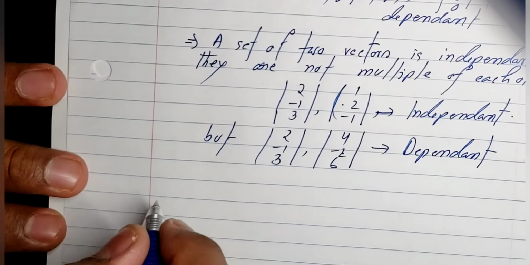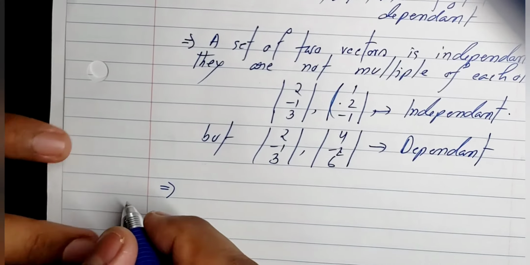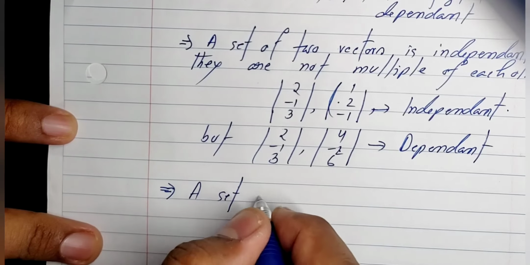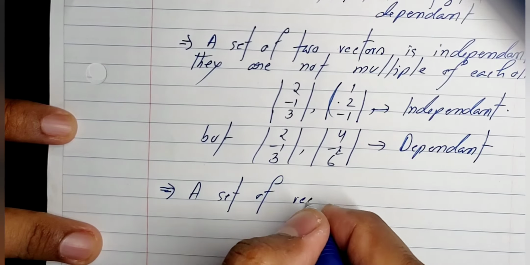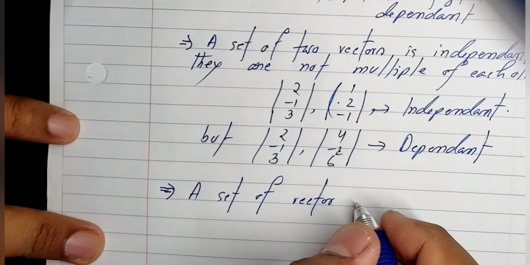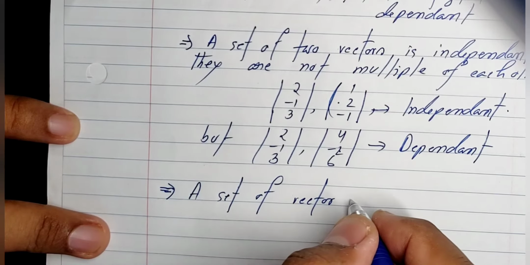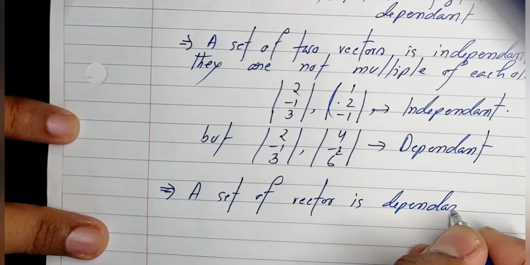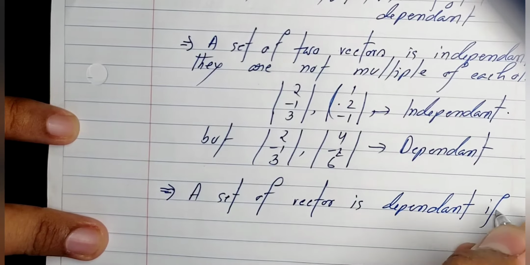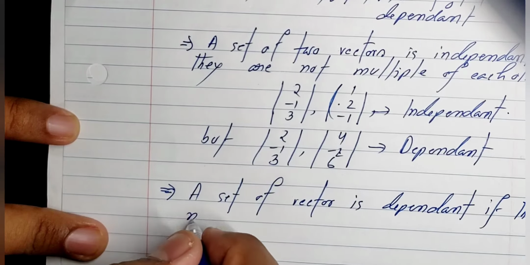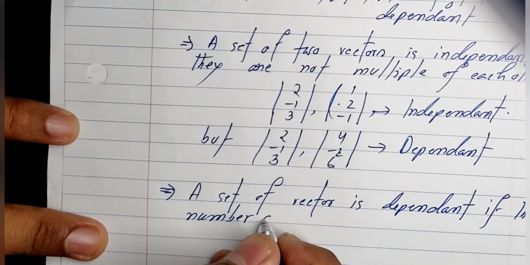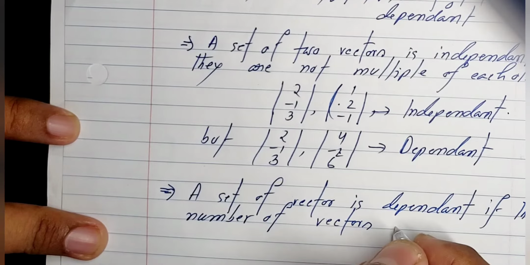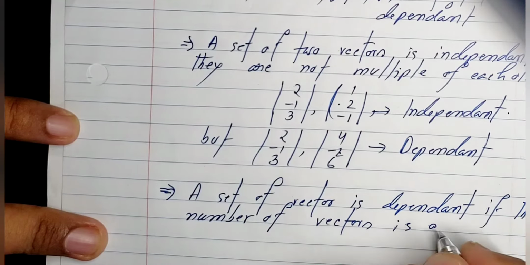Now, another condition of finding if it is independent or dependent: a set of vectors is dependent if the number of vectors is greater than n.